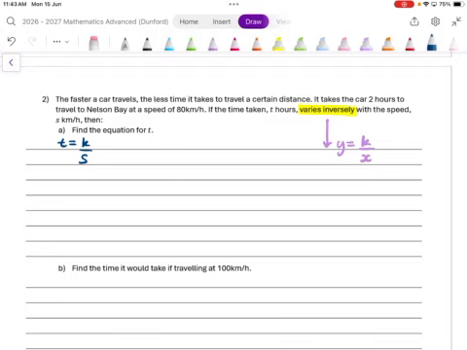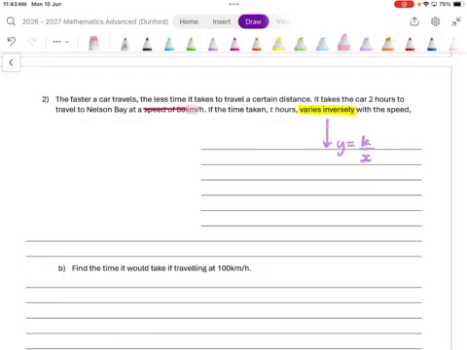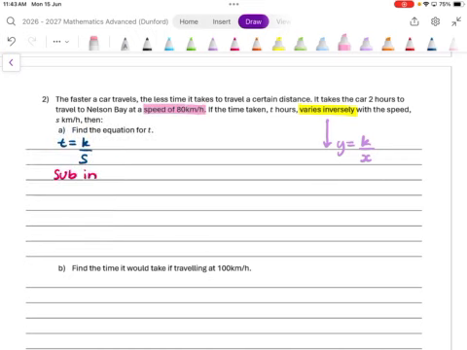What we're going to do is sub in the information given to us. We have been given the speed of 80 kilometers per hour and we have been given 2 hours. So we're going to sub in t equals 2 and s equals 80. So we will have 2 equals k on 80.